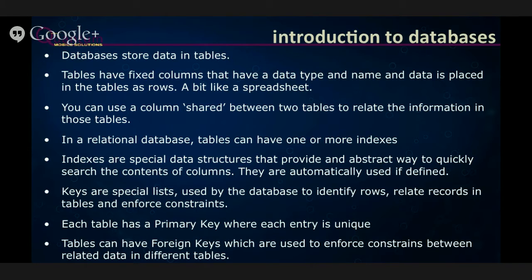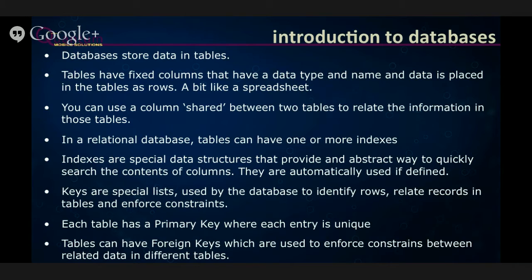And if you define them, the database engine will automatically use them. You don't have to say use the index; it will automatically get used by the database engine. Each type of database has a different way of doing that. So unless you're a real power user, you don't really have to understand how the indices work or what they're doing in the background.